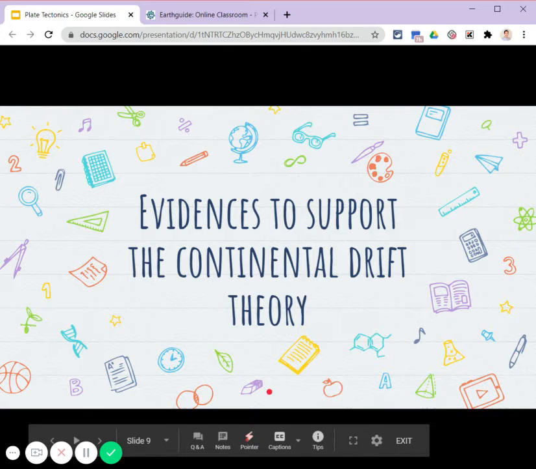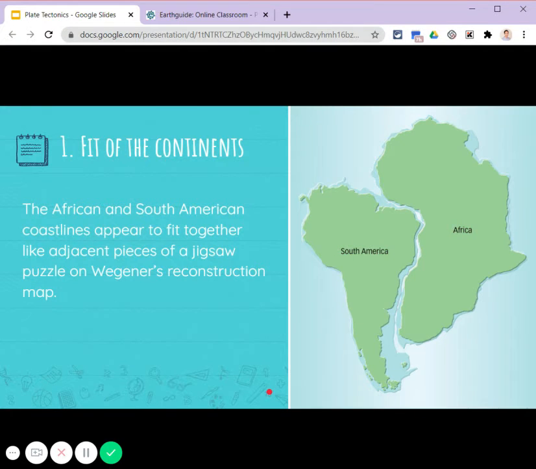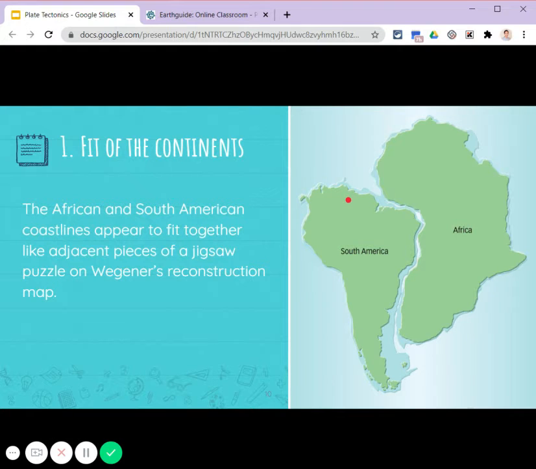So now let's have a look at what Alfred collected, the data and the evidences to support his continental drift theory. The first evidence is called the fit of the continents. And in this evidence, he said that, hey, have a look at this observation. South American coastline seemed to fit the coastline of Africa.